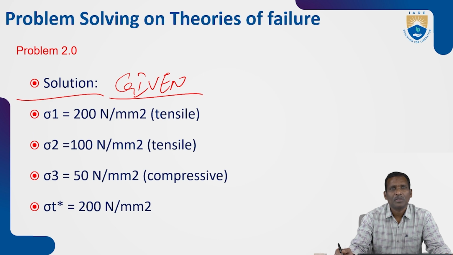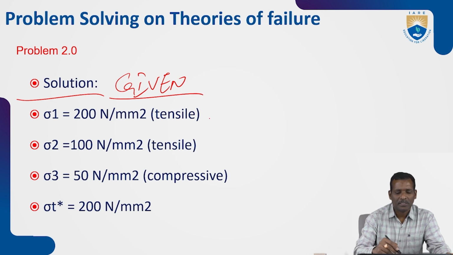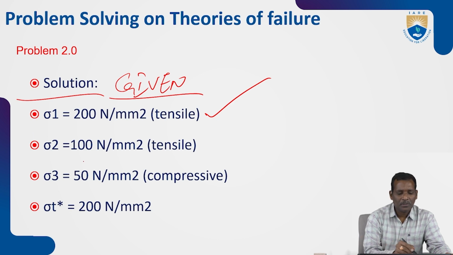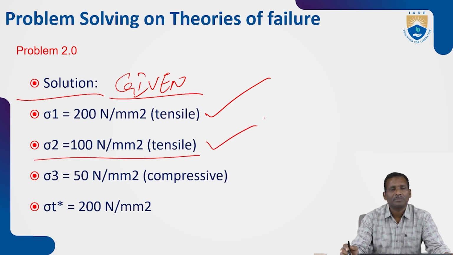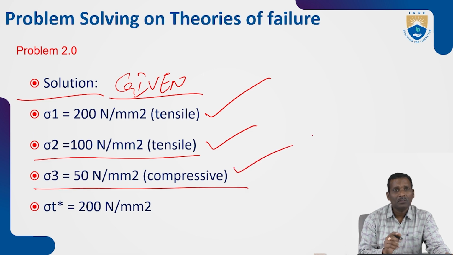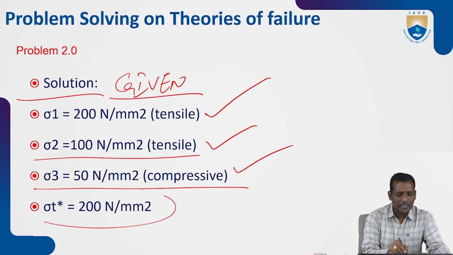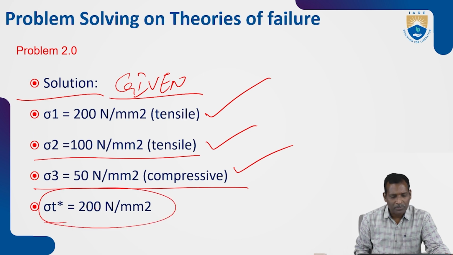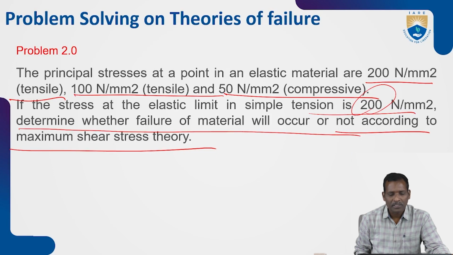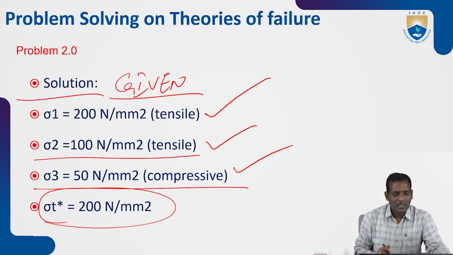The given sigma 1 is 200 Newton per mm square, tensile. Sigma 2 is 100 Newton per mm square, tensile, so those are positive signs. Sigma 3 is compressive. And sigma t, the simple tension elastic limit stress, is 200 Newton per mm square.